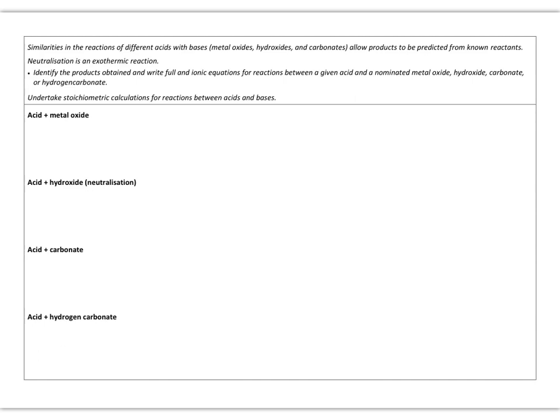So if we start here, if we add an acid and a metal oxide, so I will actually write that out again. If we add an acid plus a metal oxide, we will get salt plus water. What do I mean by that's a general equation?